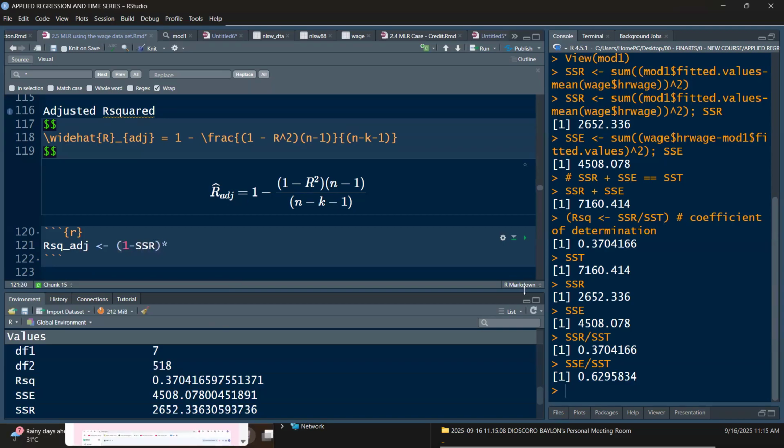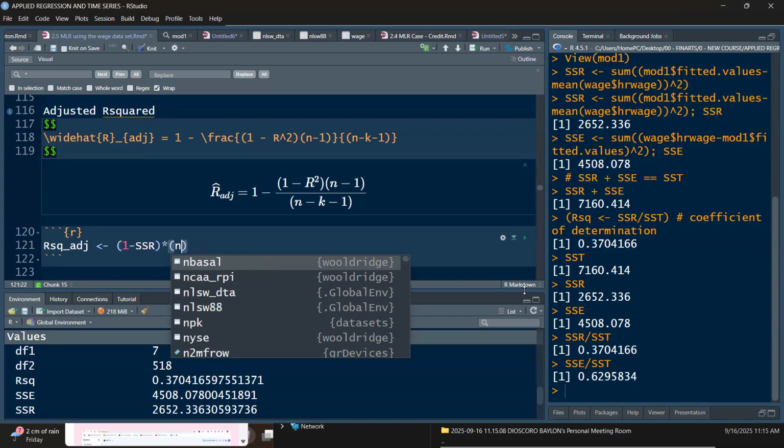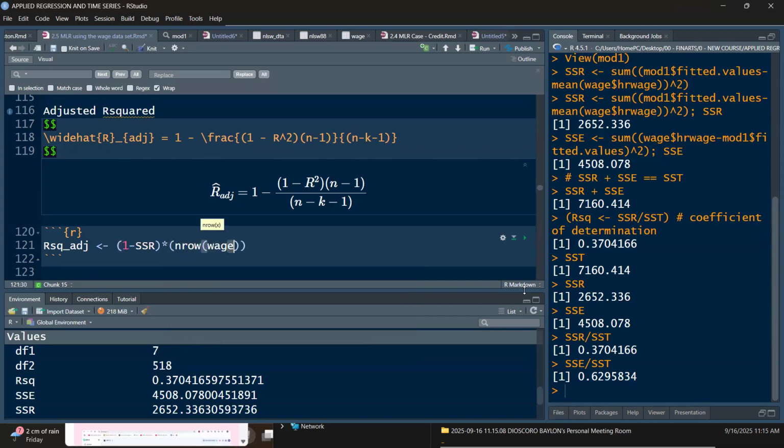Multiply that by n minus 1, so that's the number of rows of wage, minus 1, and then divided by n minus k minus 1, right?